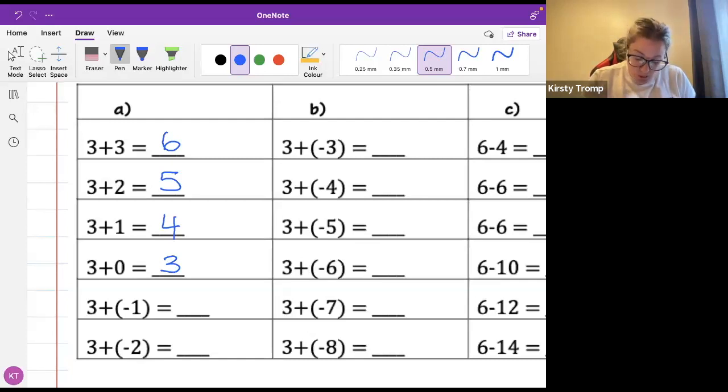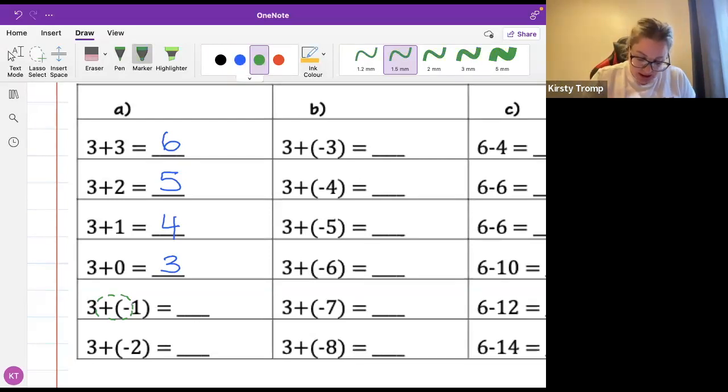So we're stopping. We're seeing I've got 3 plus, and in a bracket, I've got -1. The moment that I see a positive sign and a negative sign next to each other, what did I say you needed to do? You needed to stop. I need to draw a circle around my 2 signs. The 2 signs are different: one is a positive, one is a negative. What does the power of the negative do?